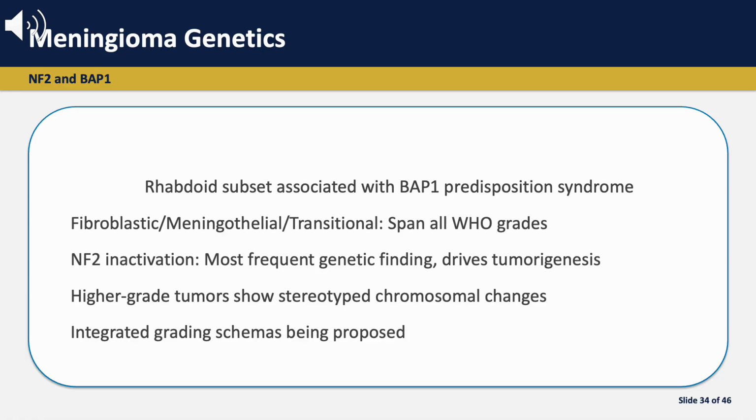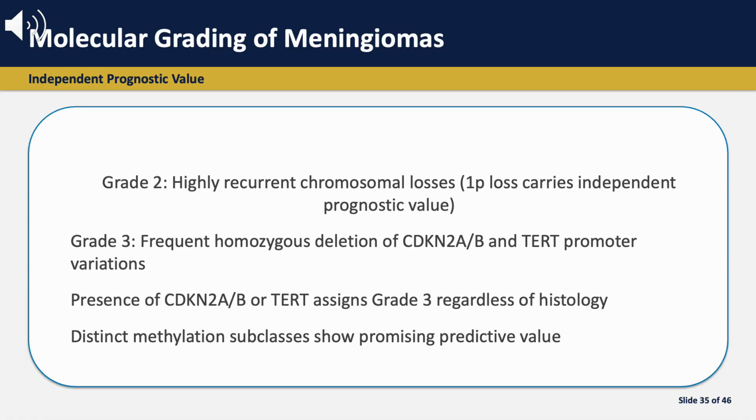Higher grade meningiomas show a stereotyped series of chromosomal changes, leading to the proposal of several new integrated grading schemas, analogous to what is currently employed in diffuse gliomas. Grade 2 meningiomas show highly recurrent chromosomal losses, of which 1p loss has been demonstrated repeatedly to carry independent prognostic value.